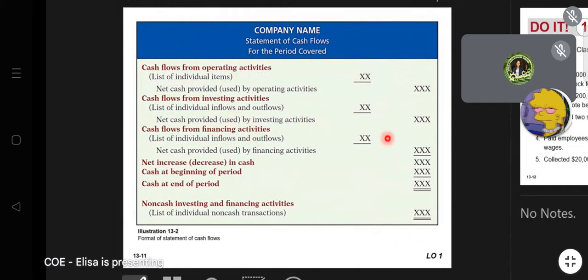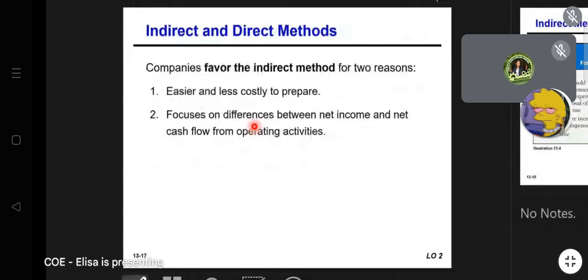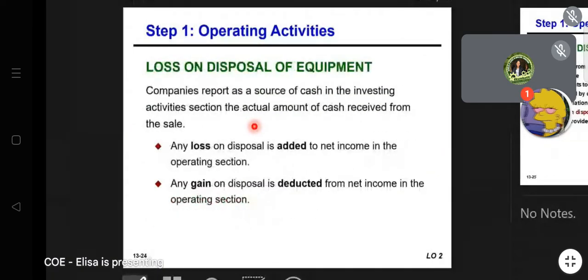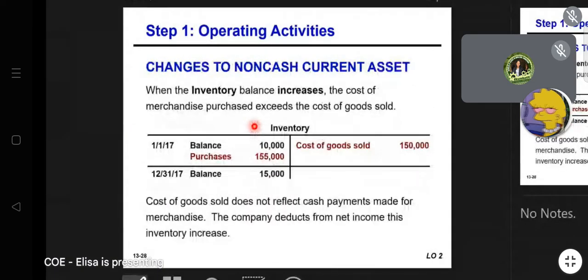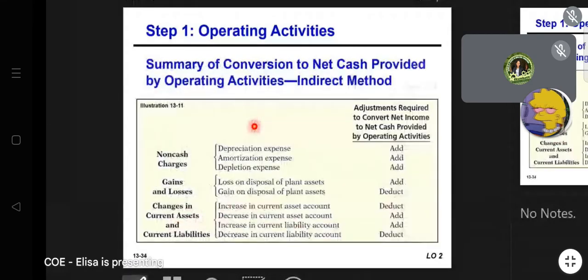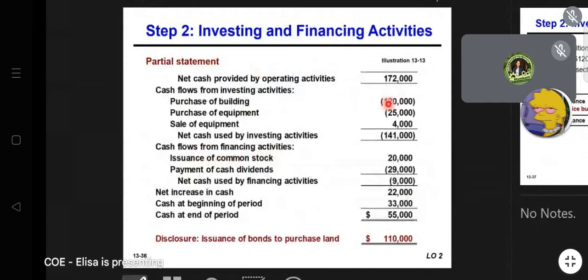It's used because it's negative. So we put it as net cash provided, with the negative in parentheses as used. This is used because of the building, this is used, but this is provided.